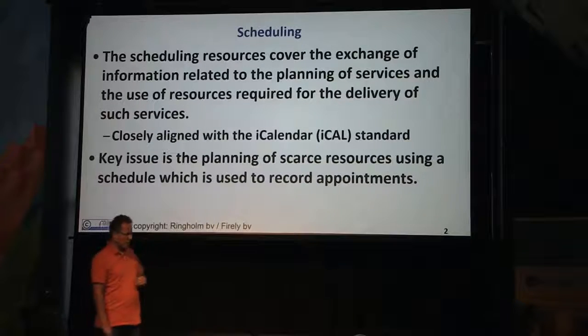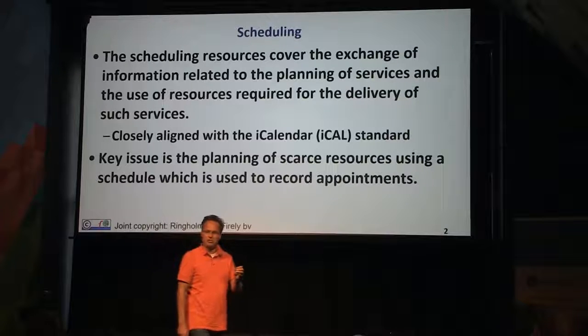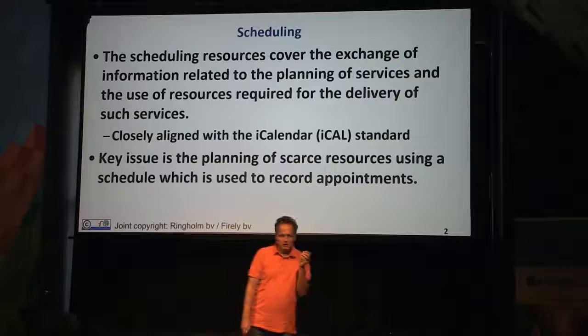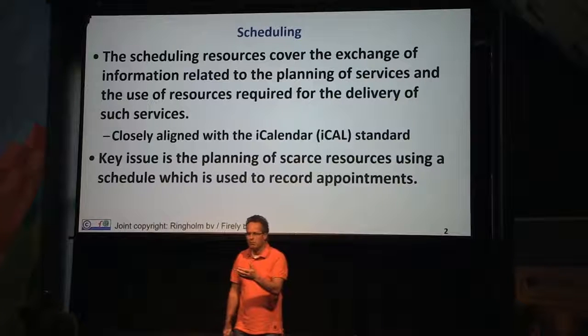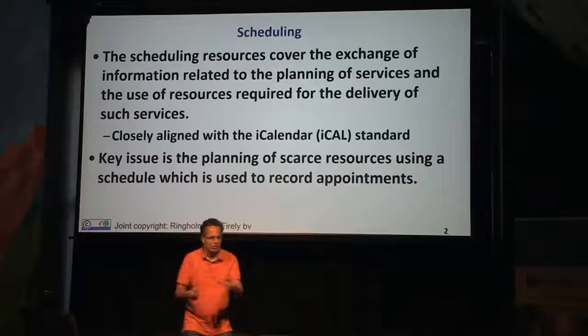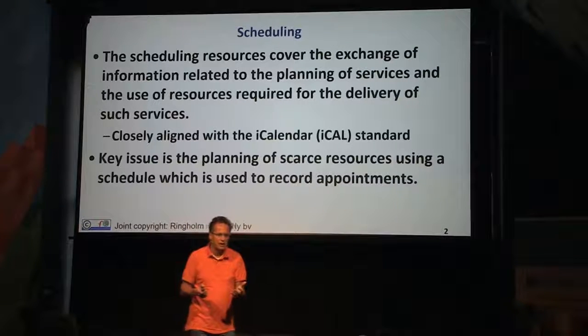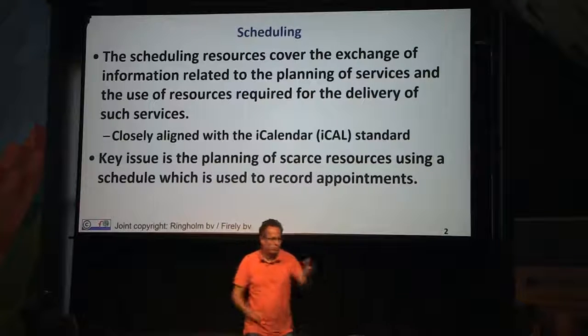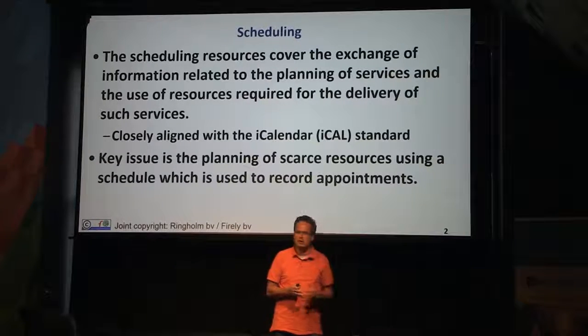So, what is scheduling? Scheduling is the planning of scarce resources. So everything that needs an agenda, that we need to manage in time. It's not the rubber gloves. Rubber gloves are around by the thousands. There's no need to schedule anything when it comes to that. But people and machines and rooms, that's certainly stuff that needs to be scheduled. That has an agenda.